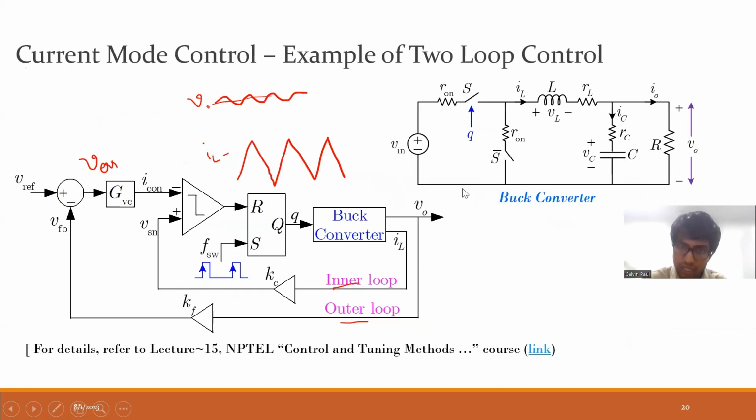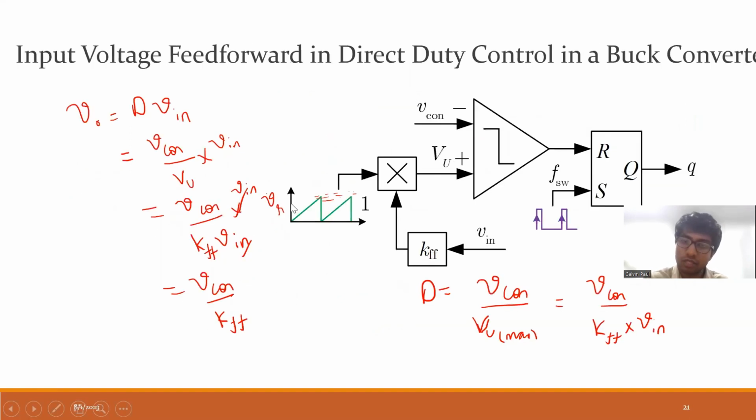Whereas in the previous case, the output voltage is fed back, compared with the reference and passed through a controller to generate some reference value which modulates the control signal. That is why it is feedback. But in this case, the actual value of the input voltage is processed and fed to modulate the control signal. So that's why it's feed forward.